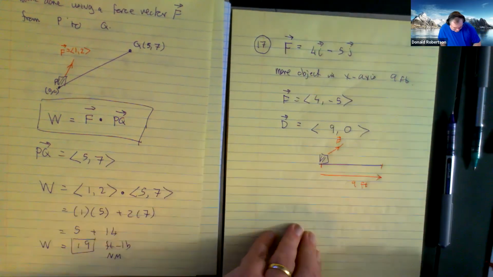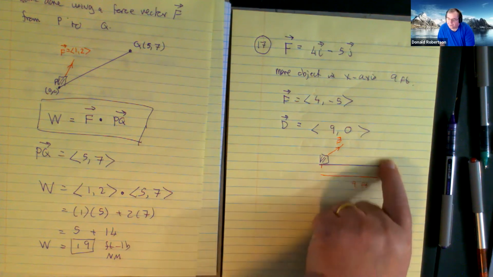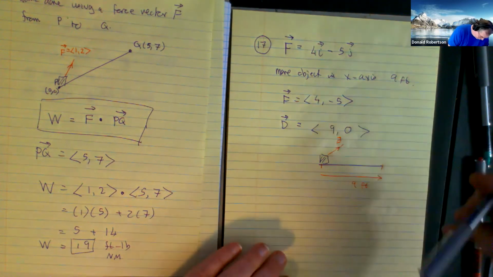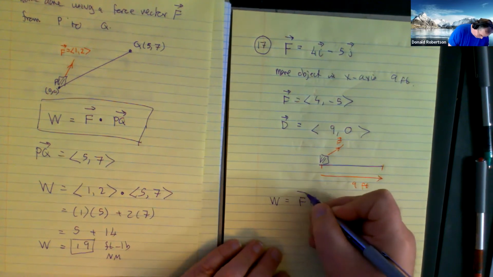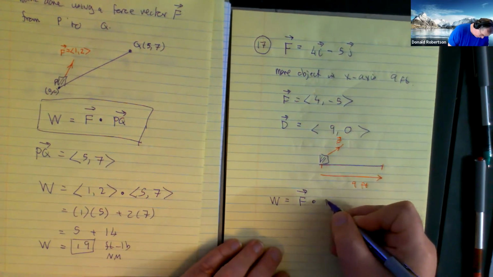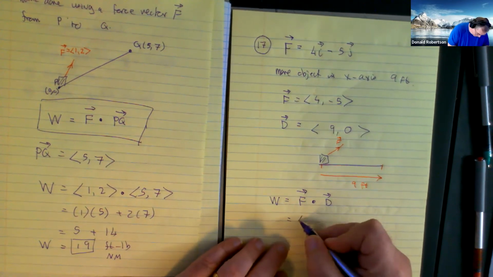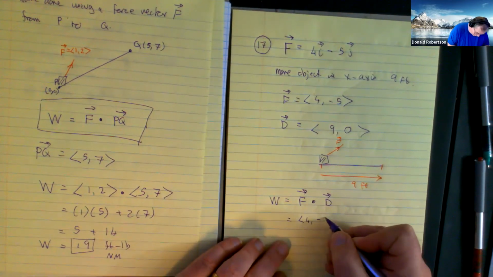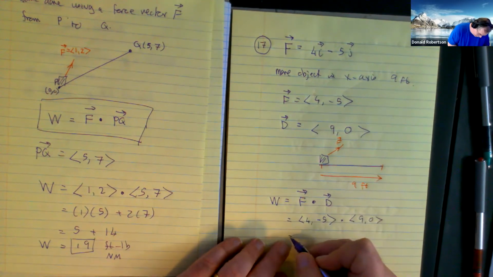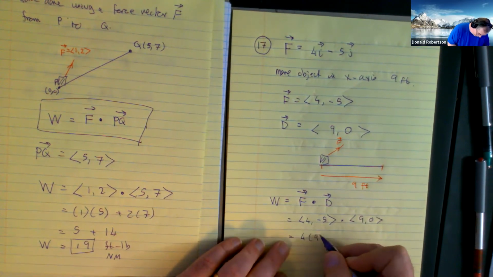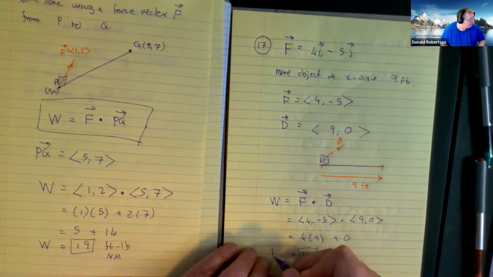So from there to there, would you agree that's 9 along and none up? So the dot product will give me the work done. So it's the force times the distance. And the force is the 4, -5 vector, and the distance vector is that one. And that's 4 times 9 plus nothing. And so the answer would be 36, whatever the units happen to be.